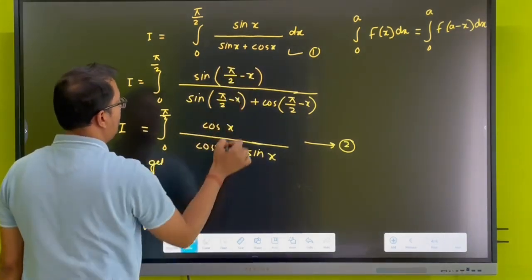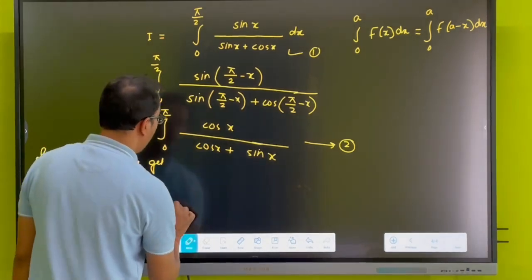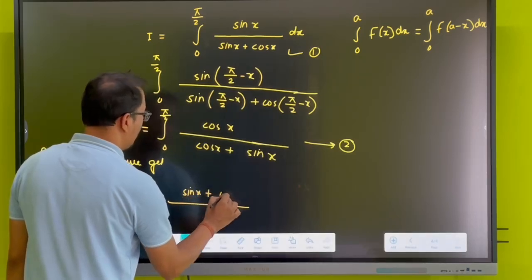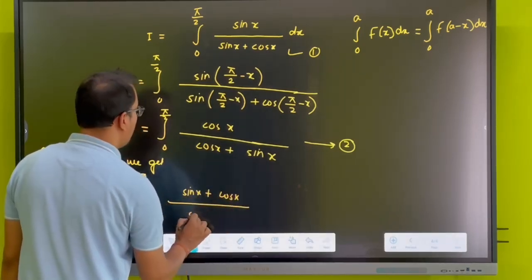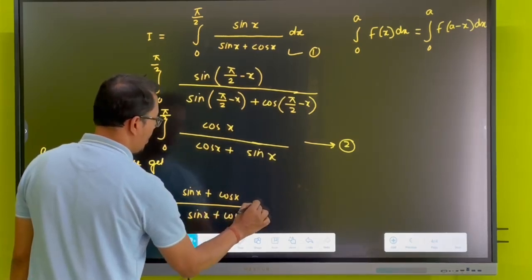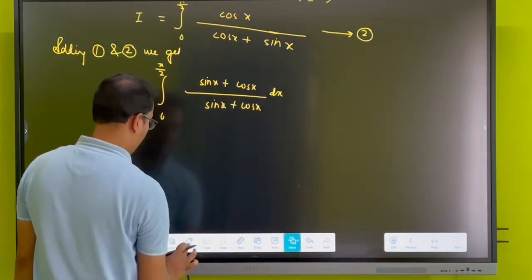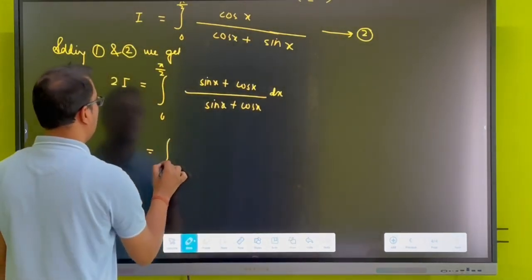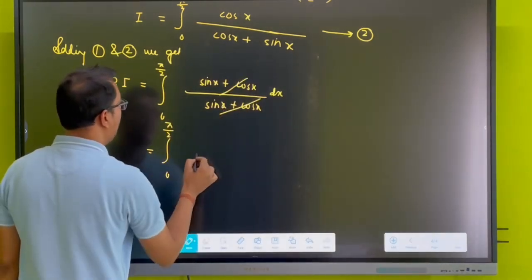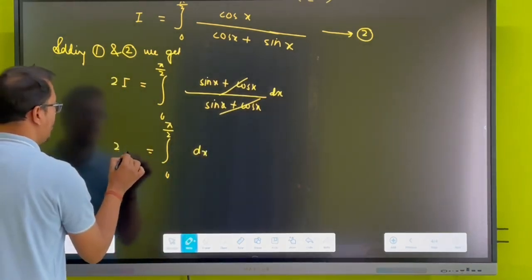The denominators are both the same, so this will be in a single step: sin x by sin x plus cos x plus cos x by sin x plus cos x, dx. Since the numerator equals the denominator, it cancels out, and this will be integration of dx.